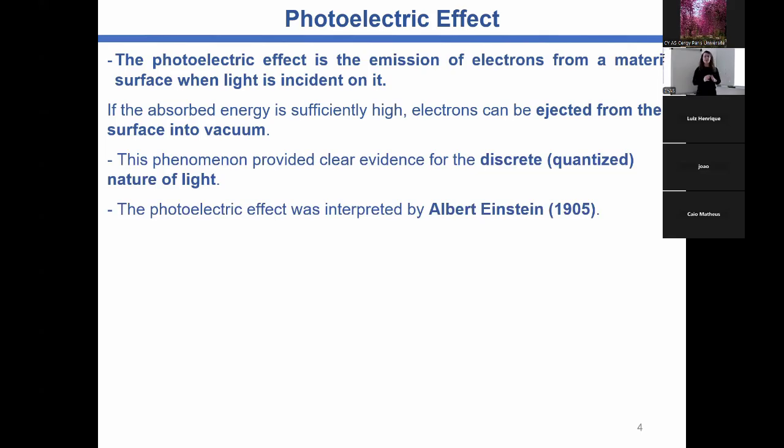So this was the first experiment that described the quantum world. This phenomenon was explained by Albert Einstein around the year 1905, and this experiment described the quantization of light and the energy that is related to the light.